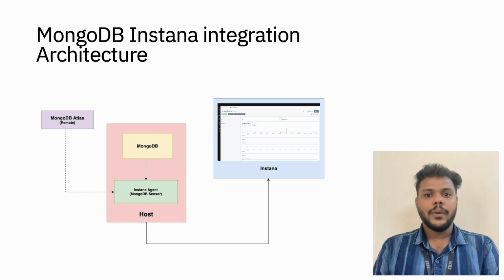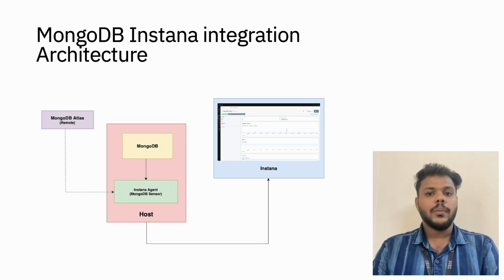This is the MongoDB Instana integration architecture. Here, we have a host with MongoDB and the Instana agent installed. We also have a MongoDB Atlas which is running remotely and an Instana server. If your MongoDB is on the localhost, the MongoDB sensor on the host agent collects performance metrics data automatically from the running MongoDB environment, and it is visualized on the Instana server dashboard.